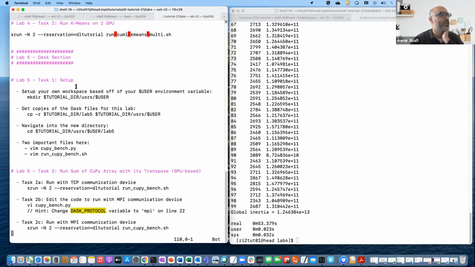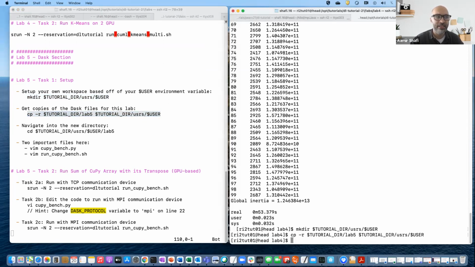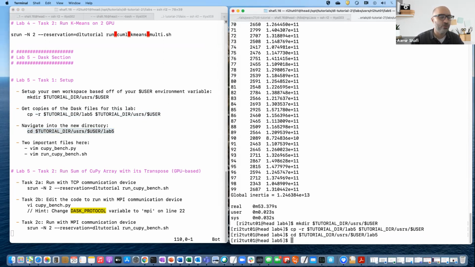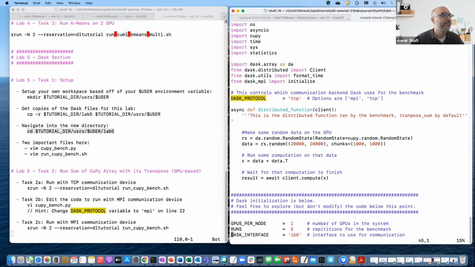Task 1 is mostly setup, so you just need to copy and paste the commands. I just created a new folder, and I will execute the second command. This copies the lab material into a temporary folder for you, which helps you customize the code. This is the code I will be executing, so you can look into it in detail.